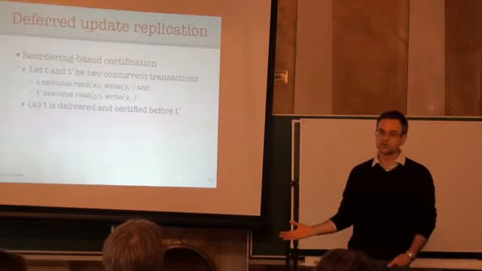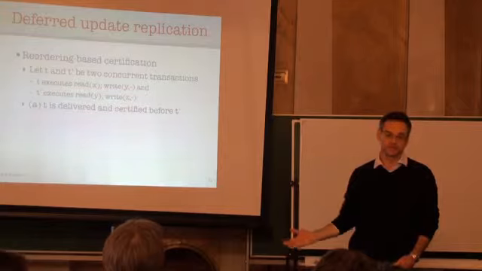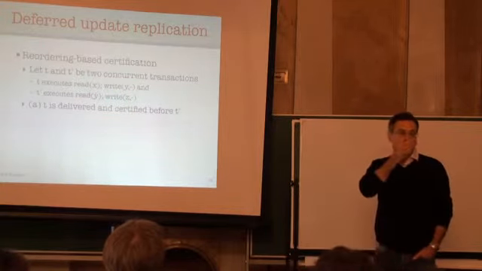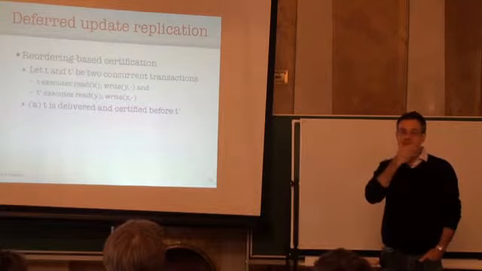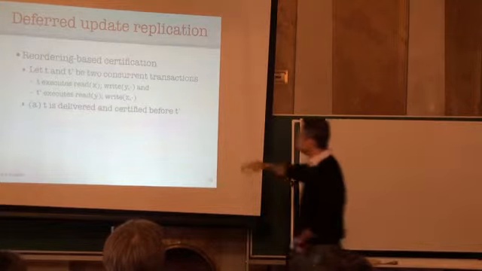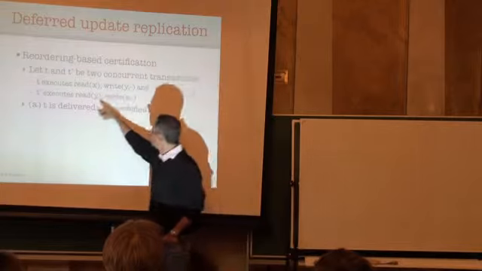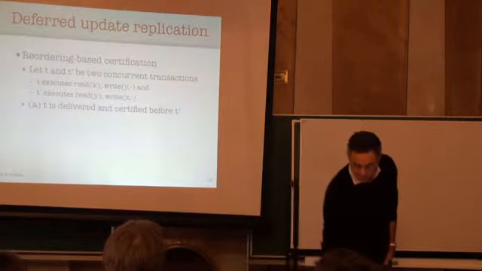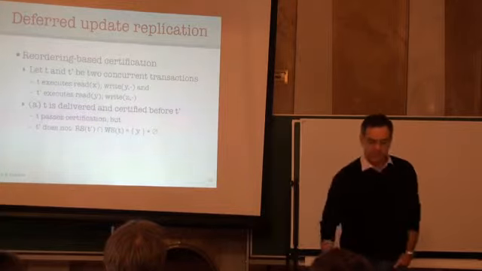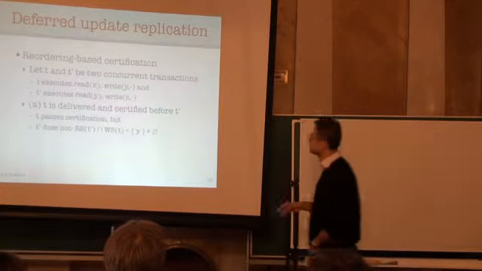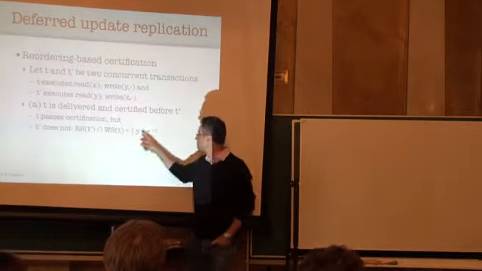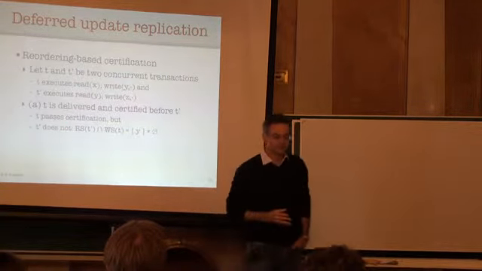So T is the first one, it passes certification. Now, does T prime pass certification? Still not, because T prime now reads Y, which was written by T. So T passes certification, but T prime doesn't. The read set of T prime intersects the write set of T. So there's one element here, then abort.